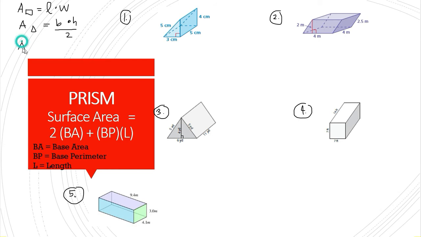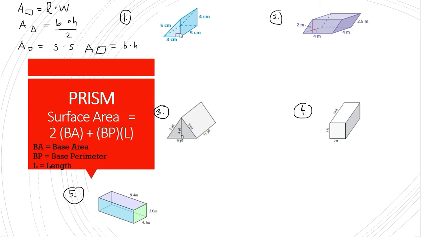Then area of a square is given by side times side, or side squared. Then area of a parallelogram is given by the formula base times height. Right? So let's go and check.